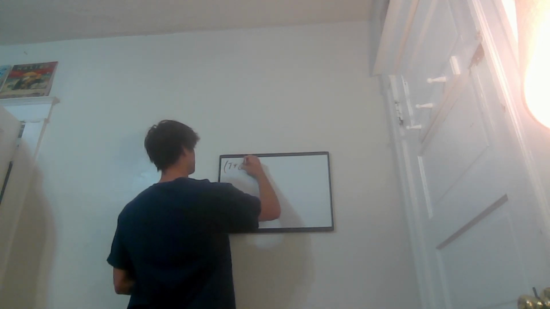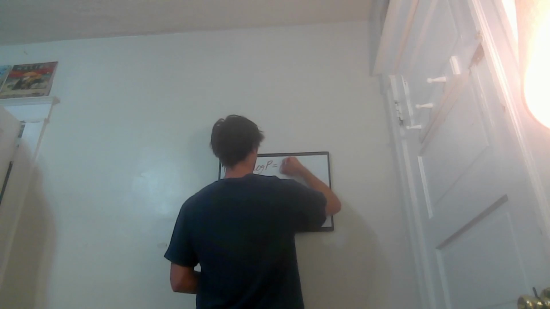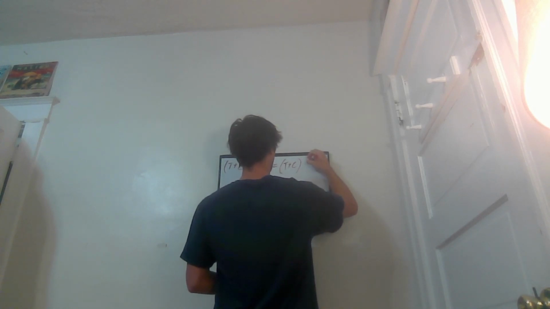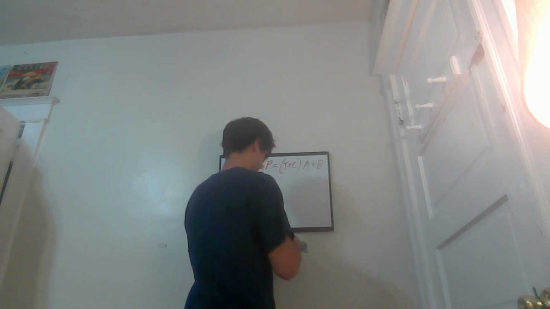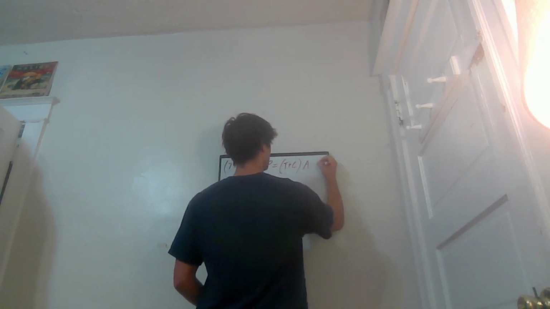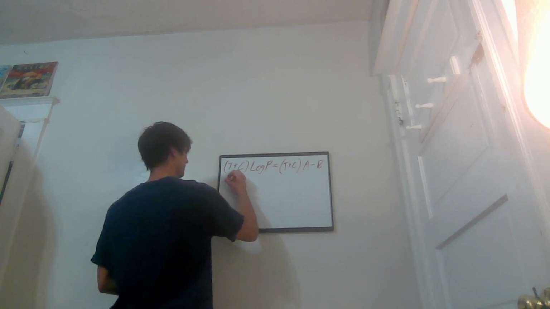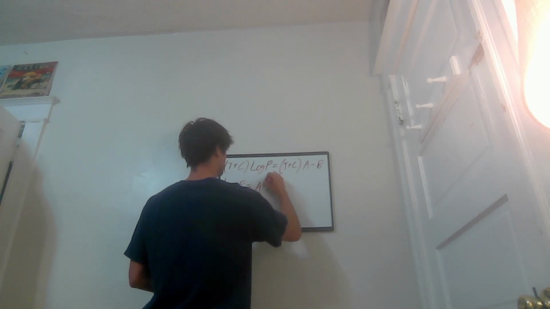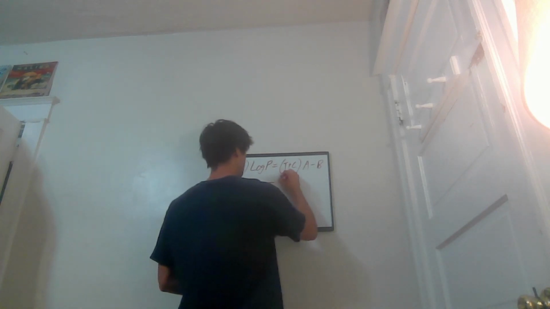We're going to start by multiplying by T plus C. So that's going to multiply by our log P on one side, and then by our A minus B. And then we're just going to multiply out. So it's going to turn into T log P.